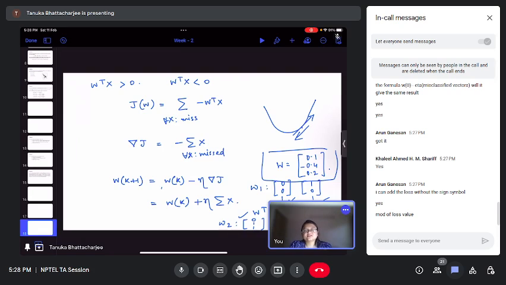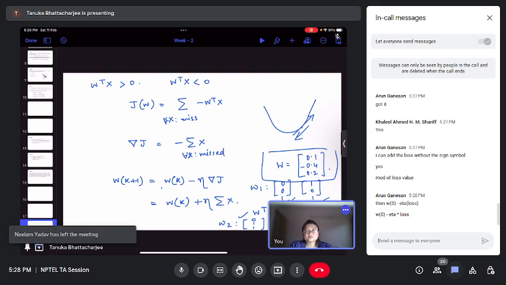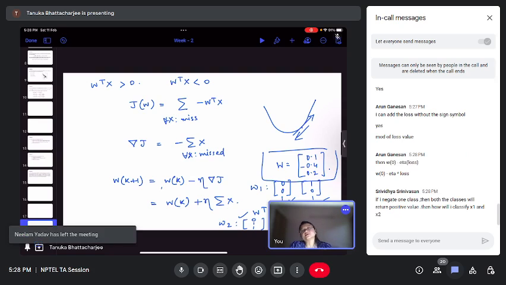But if you take... no, so that will also not... let me think. You have to compute the derivative of mod, right? Let us say the mod of x function is something like this, right?